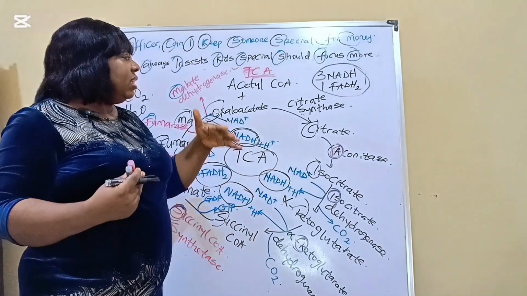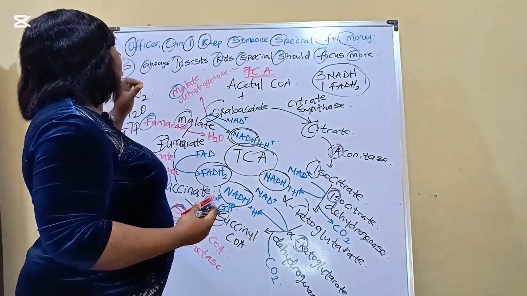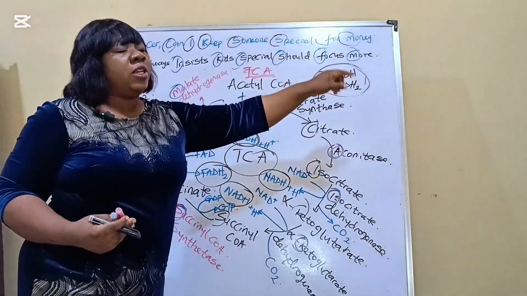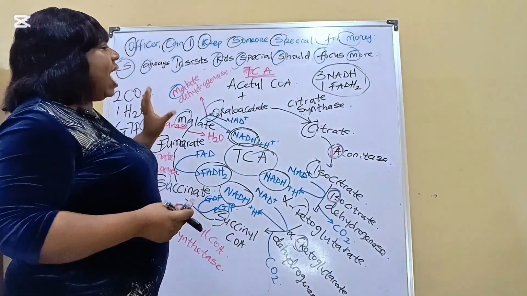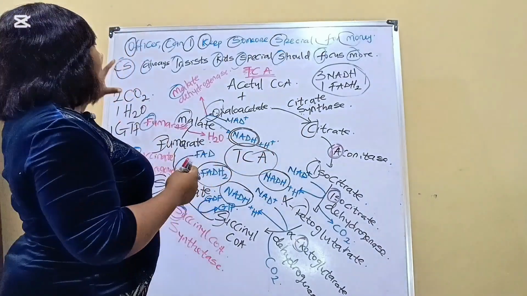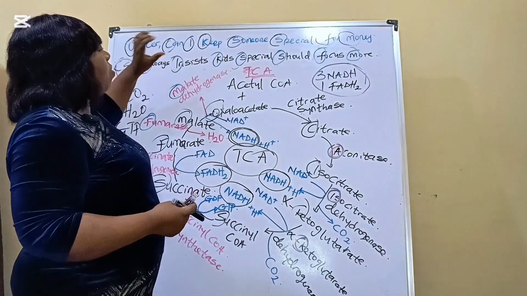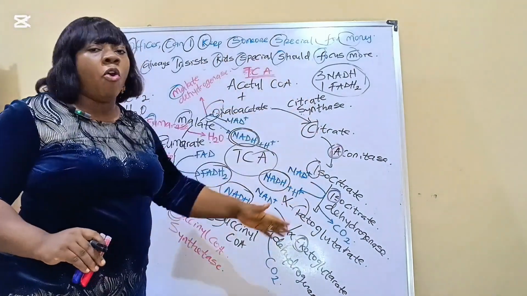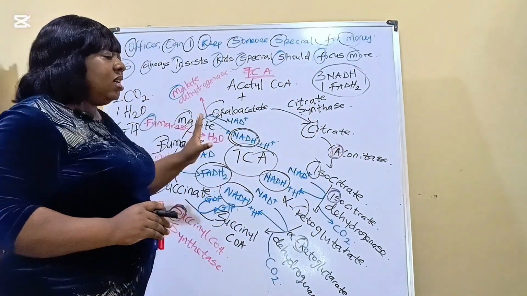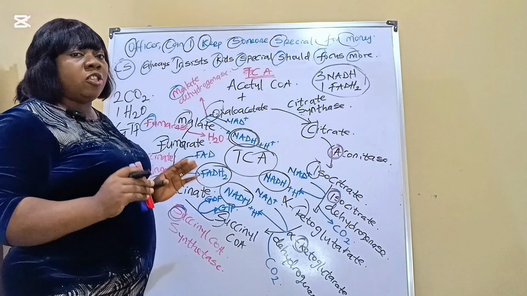We said for the TCA intermediates, we can use Officer, can I keep someone special for morning, to know each of these intermediates. And for the enzymes of this pathway, we can use this: She has always insist keep special should focus more. We can use it for remembering the enzymes involved in this pathway.